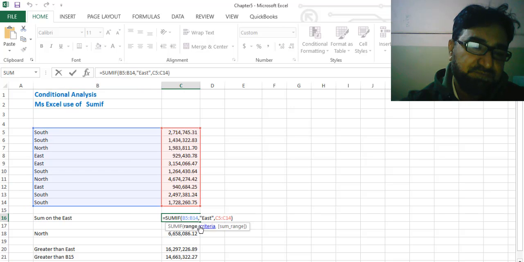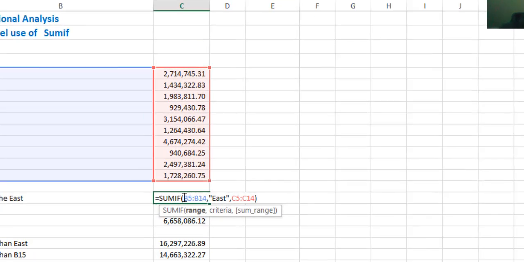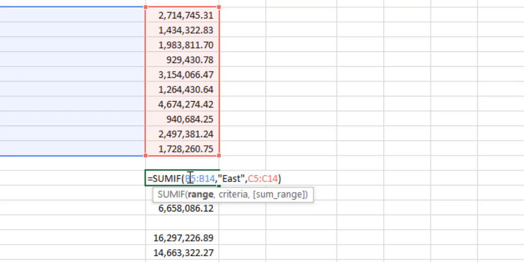Look at this formula. SUMIF and the range B5:B14. This is written in blue color, and this side is also selected with blue color, which indicates that this range is talking about this blue color.